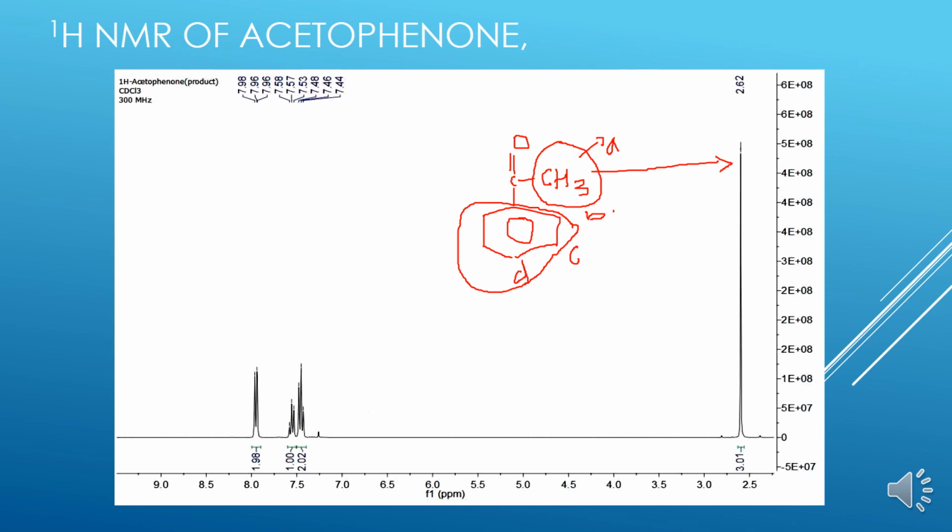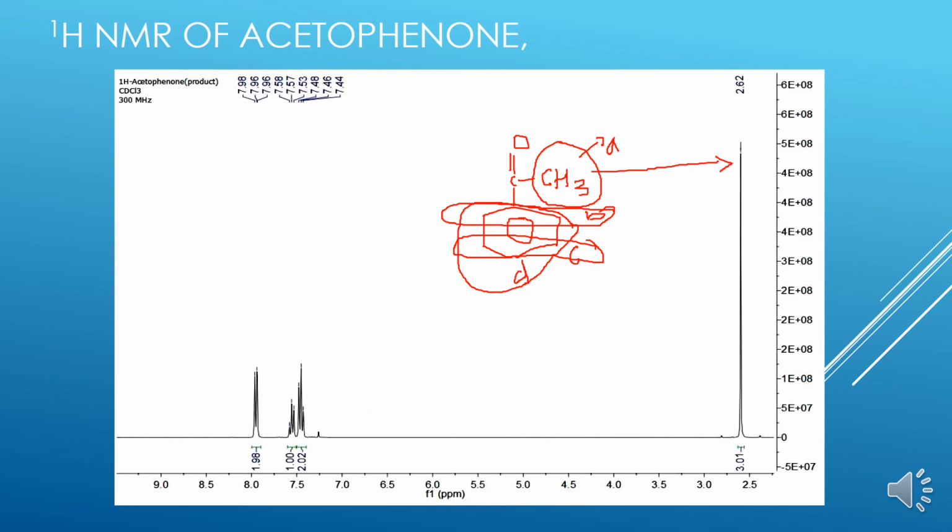Here two ortho position protons are there. In the meta position also there are two protons, so they are equivalent, and this will be the para proton. Only one para proton, two meta protons, and two ortho protons are available in the aromatic ring.